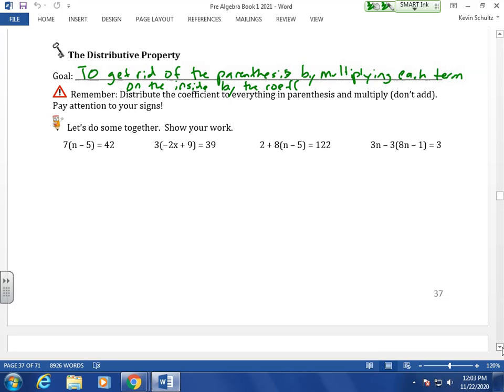Okay? The goal of the distributive property is to get rid of the parentheses by multiplying each term on the inside by the coefficient on the outside.